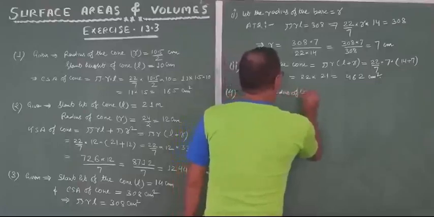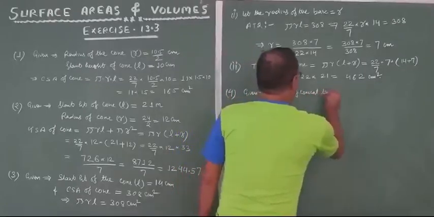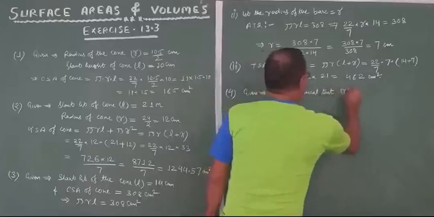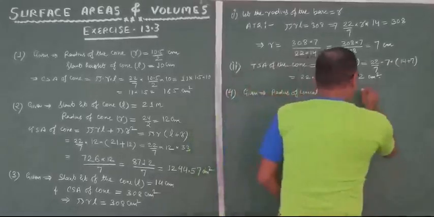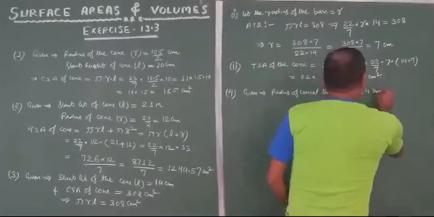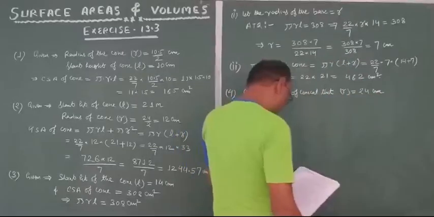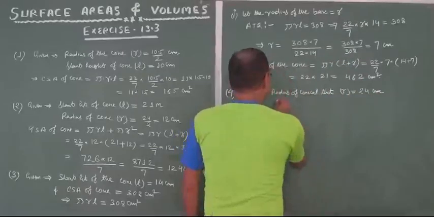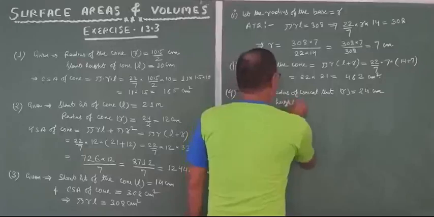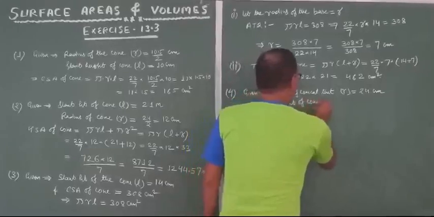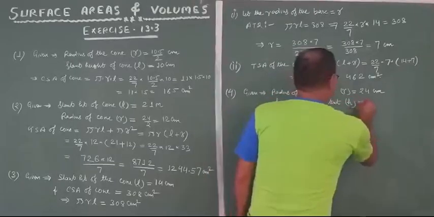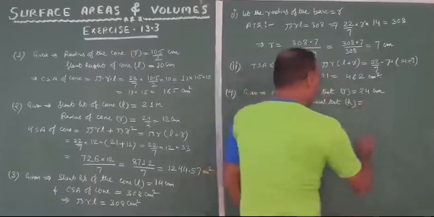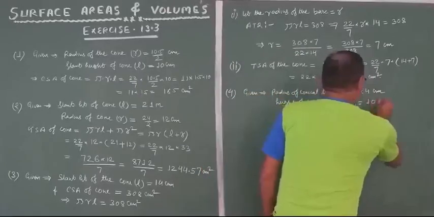Radius of conical tent, this R is given 24 centimeter, and you are given the height of the cone. Height of conical tent, this H is given 10 meter. Both are given in meter.